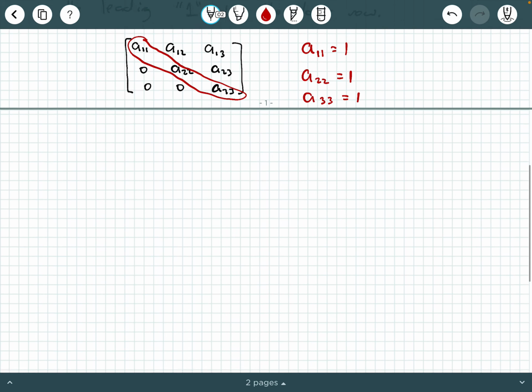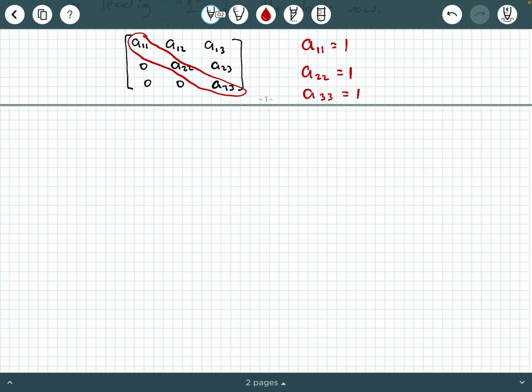But let's go through a couple of clarifications here, because I know there's a lot of definitions and it can be kind of confusing. Okay, so let's give another definition. We're going to say what's called the main diagonal.